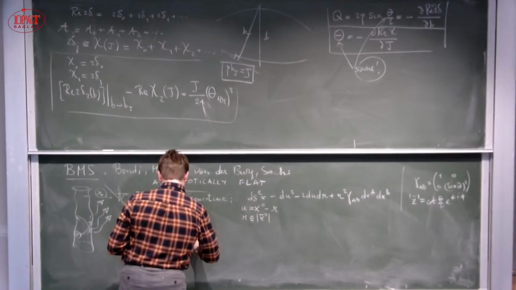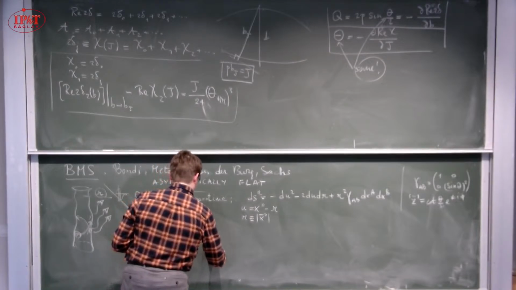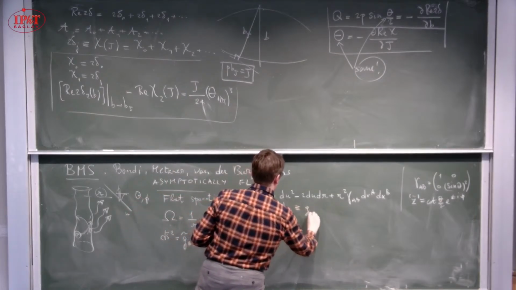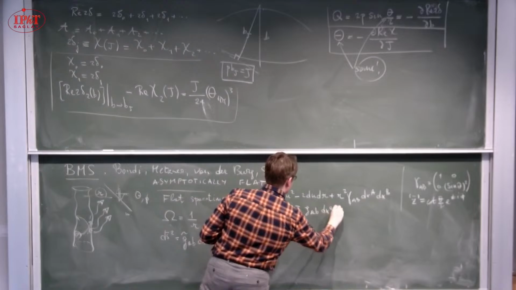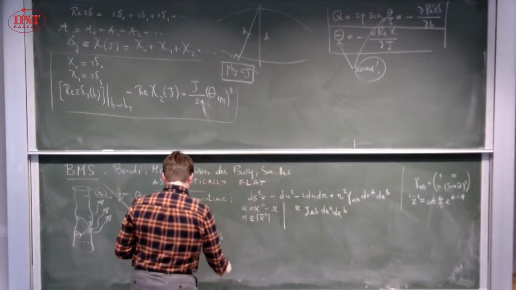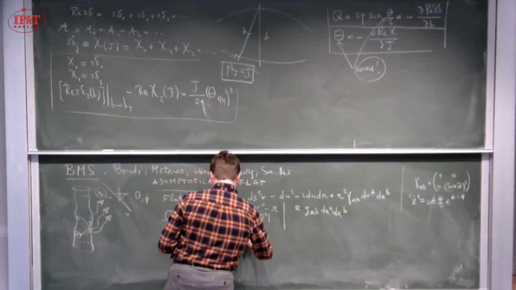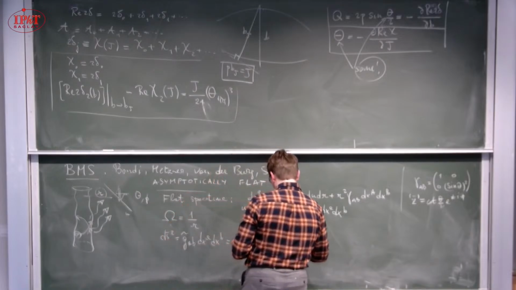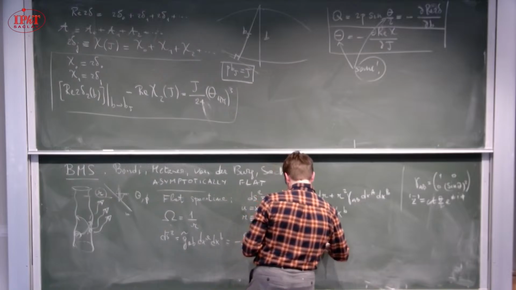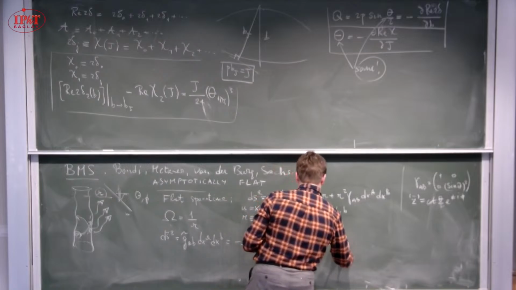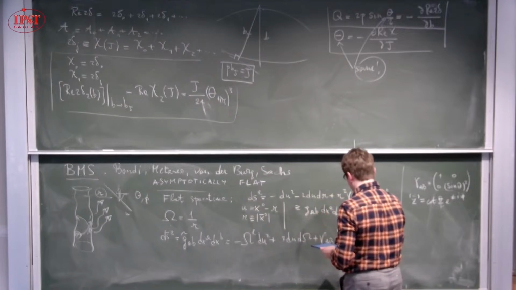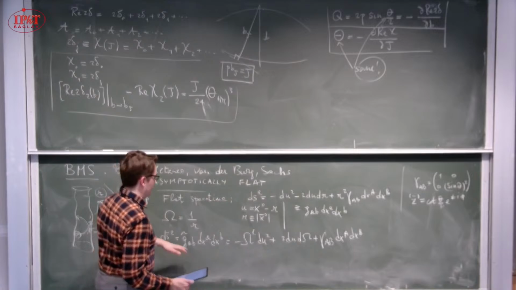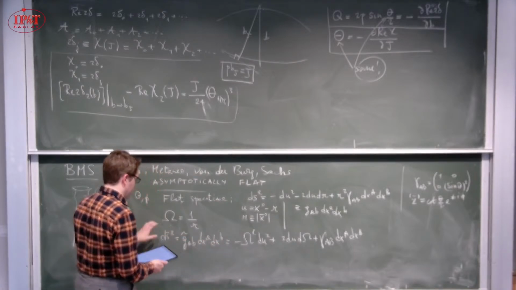So we define some g tilde, where this instead was g_AB, and this time it is minus omega squared du squared plus 2 du d omega plus gamma. So this is just a change of coordinates, and then we multiply by this conformal factor omega squared.